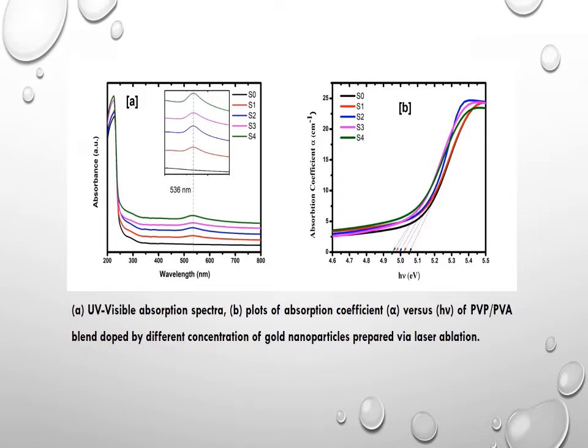The spectra of PVB/PVA gold nanoparticle films at various concentrations of gold nanoparticles show a shift of this peak with increasing concentration.